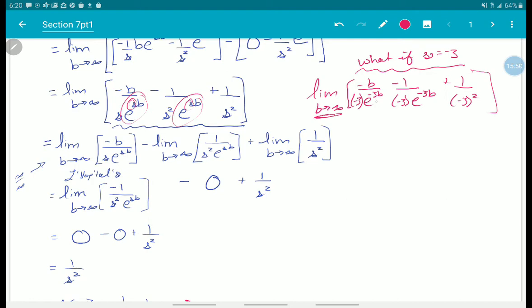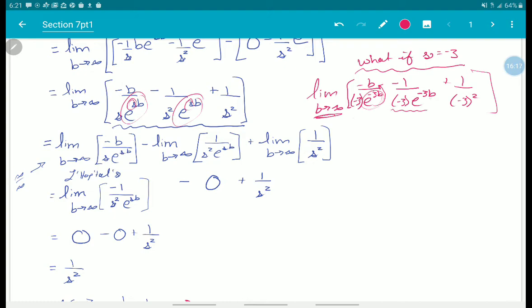Check out what would happen. If that s was a negative number, like a negative 3, then this guy, because it's a negative exponent in the denominator, really belongs to the numerator. So as b gets bigger and bigger, this guy's going to head to, in this case, negative infinity because of the negative there, but it's still not heading to a number, it's diverging.